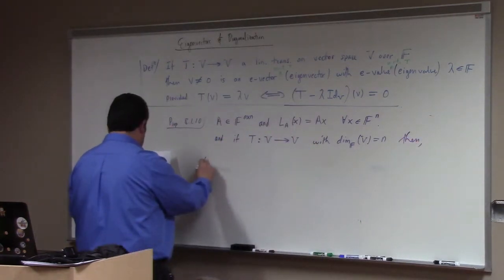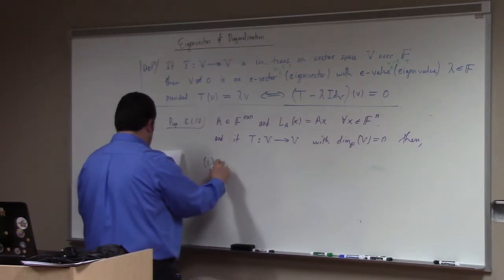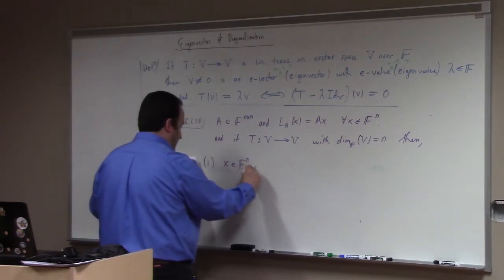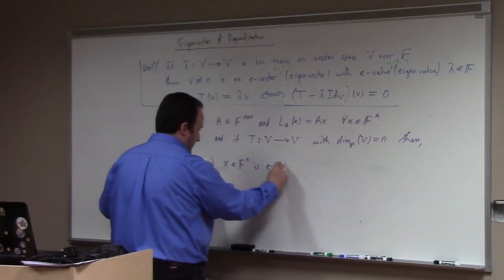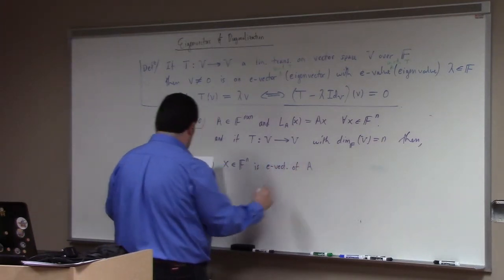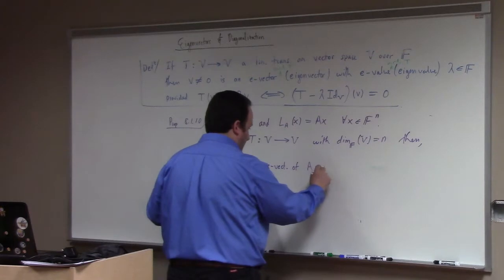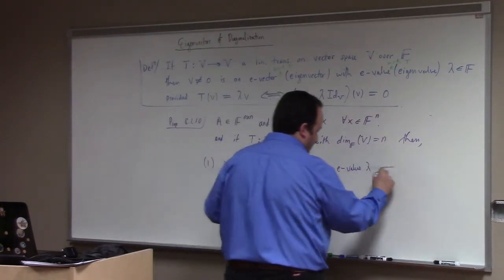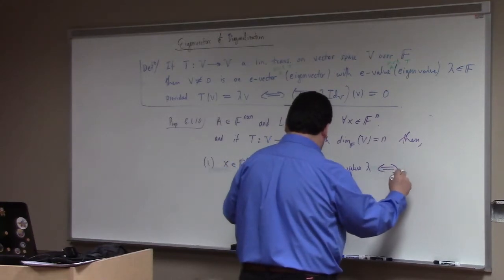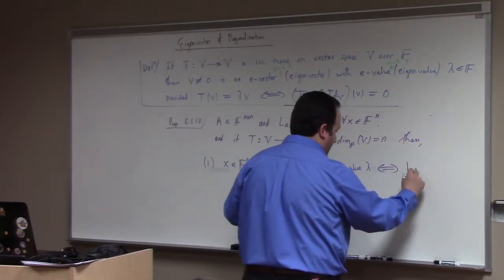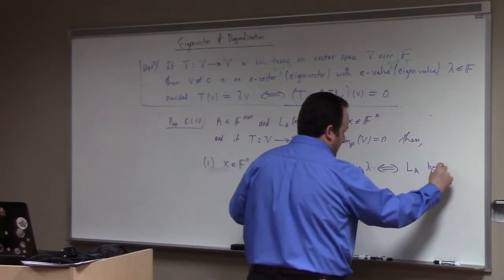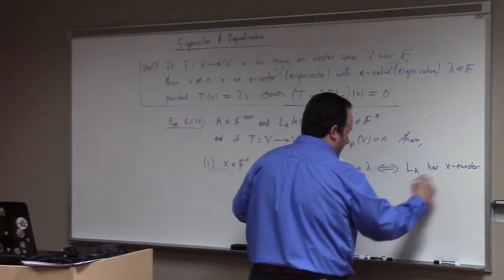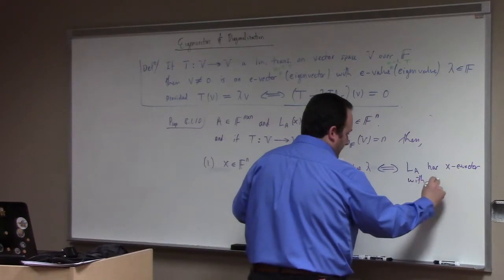Number one, x in F^n is an eigenvector of A with eigenvalue lambda if and only if L sub A has x as an eigenvector with eigenvalue lambda.